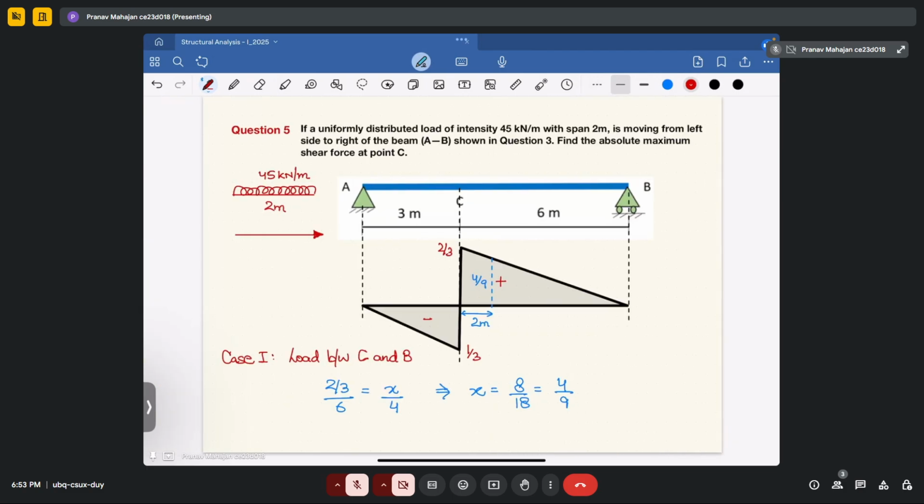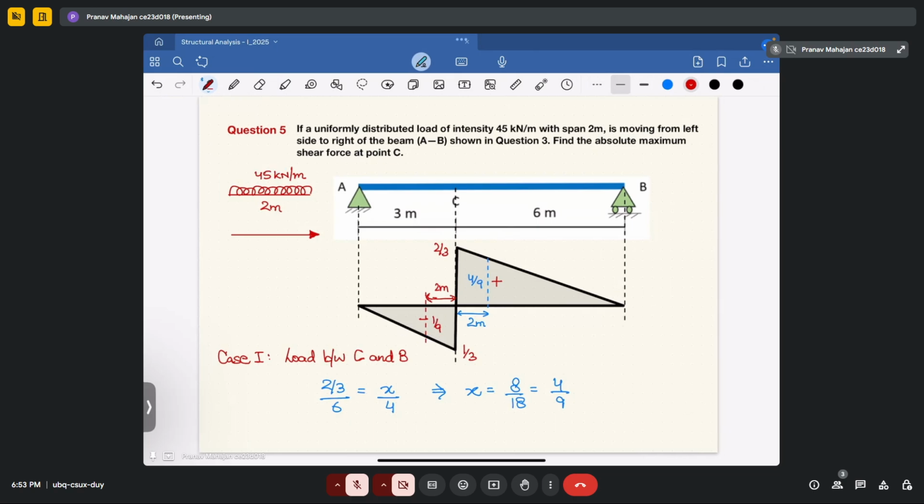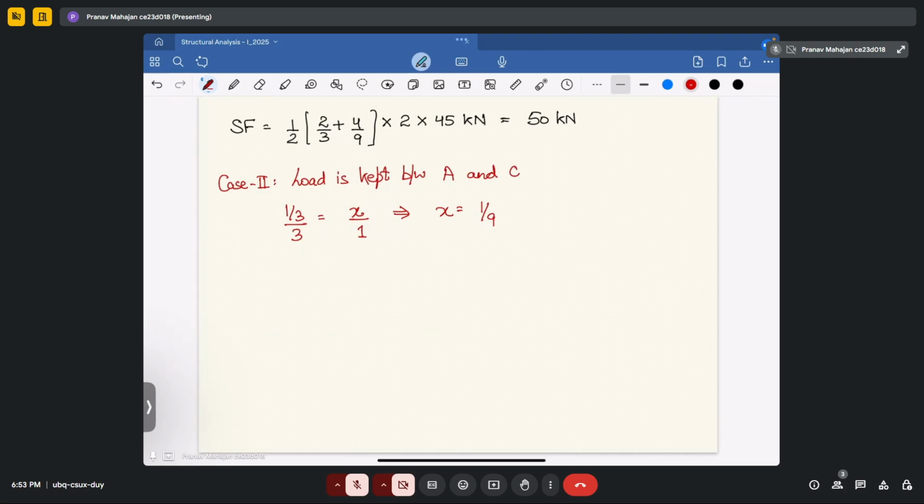So this ordinate for 2 meter length will be 1 by 9. Again, how do we determine the shear force?